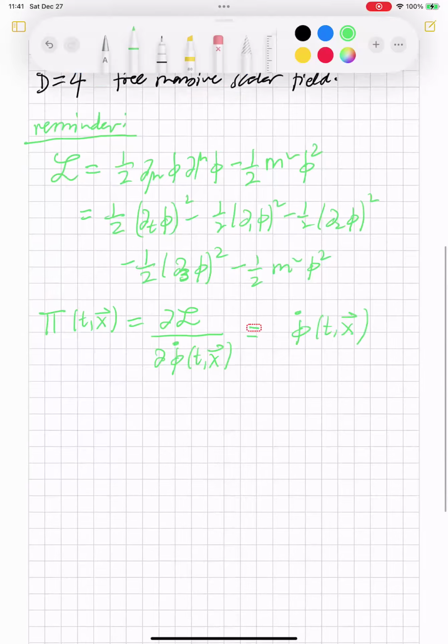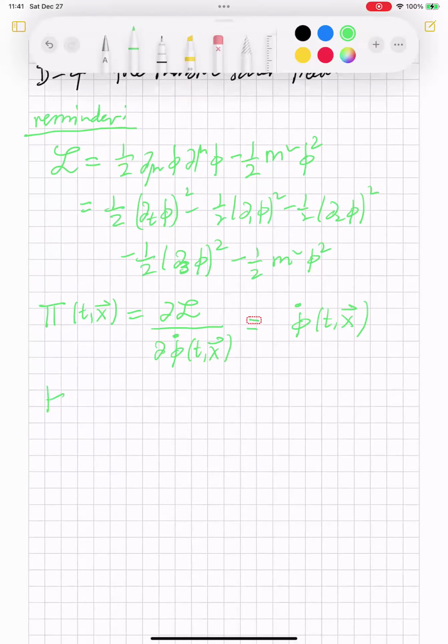We can also ask what the Hamiltonian is. The Hamiltonian would be an integral d3x of the Hamiltonian density, and the Hamiltonian density is nothing but pi, the momentum conjugate to phi, times phi dot, minus the Lagrangian density.